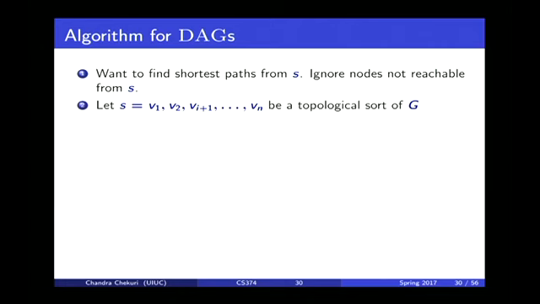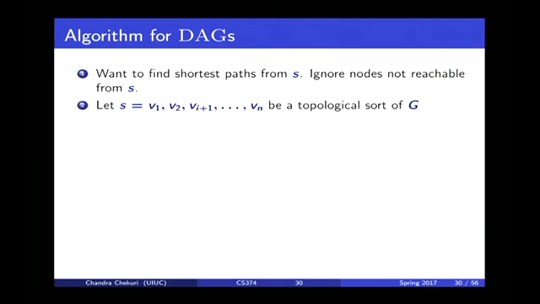So everybody who's to the left can be thrown out of the graph, because S cannot reach them. So you might as well assume without loss of generality that in a DAG, the source is the first guy in the topological sort. We can assume the topological sort is V1 to Vn and S is the first guy, V1.